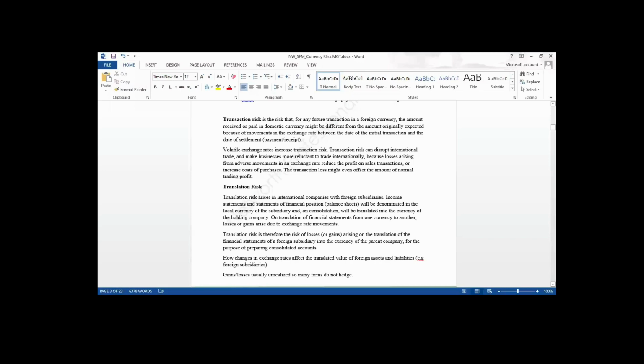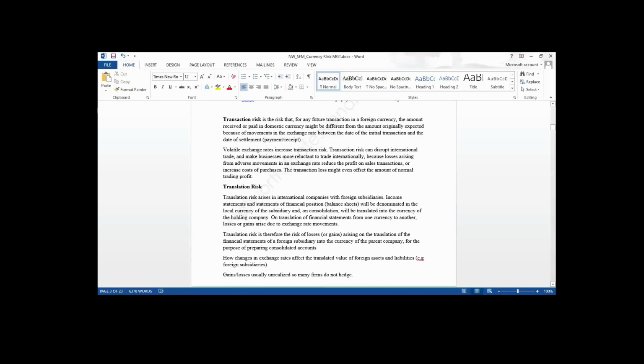So, if you look at companies like, let's take MultiChoice. MultiChoice is a multinational company with the parent company in South Africa. The currency of South Africa is rand.